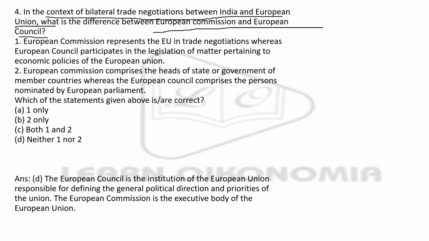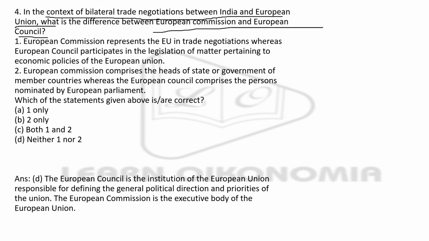The European Council is the institution of the European Union to deal with political direction as well as priorities of the Union in general, whereas the European Commission is the executive body of European Union. So whether it is European Commission or European Council, both are related to European Union.